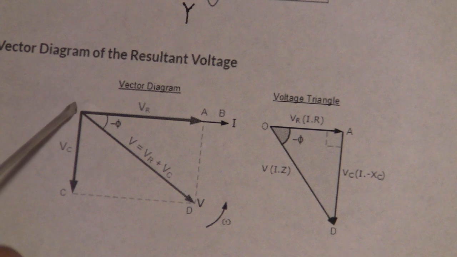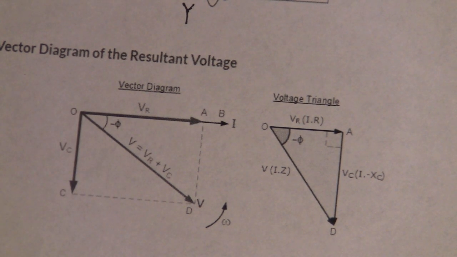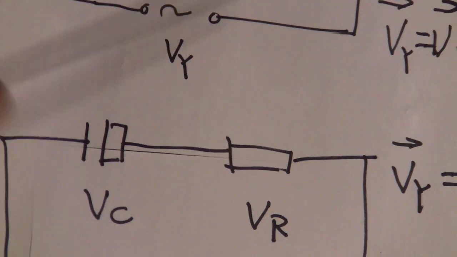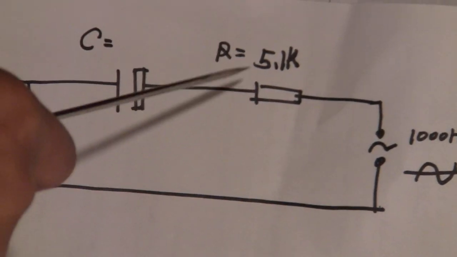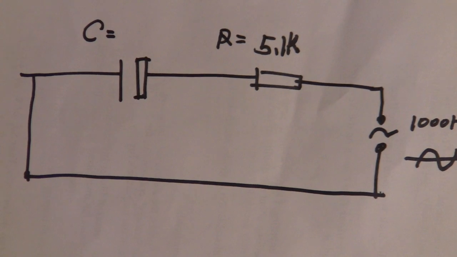There's an R over here. What is that R? That R is this guy. In our test circuit, this R is the 5.1K we added to the circuit.